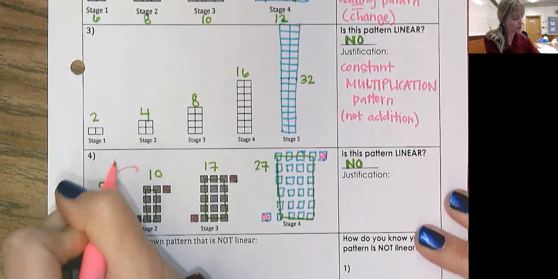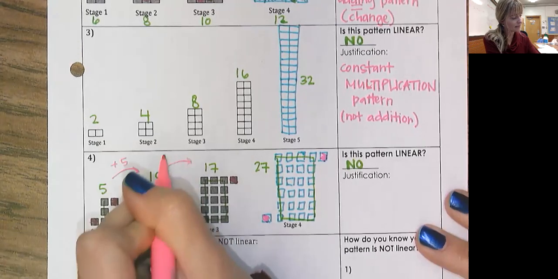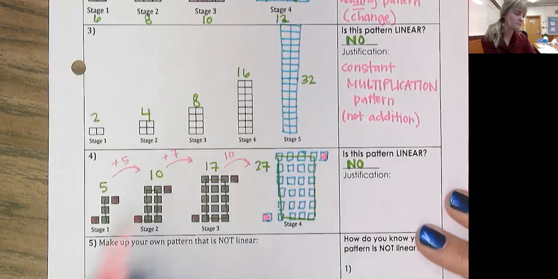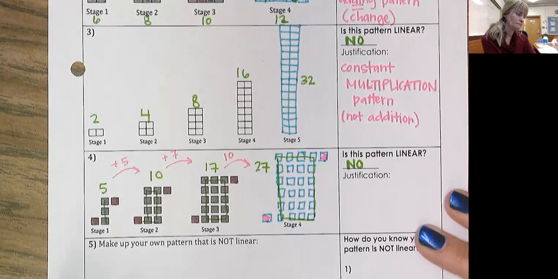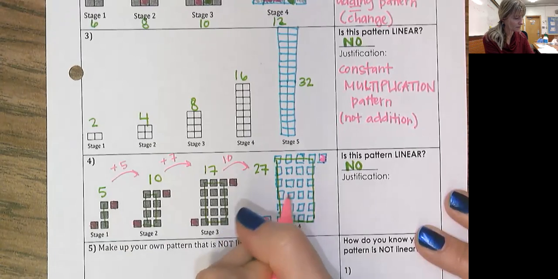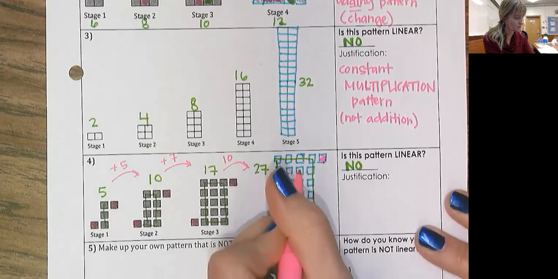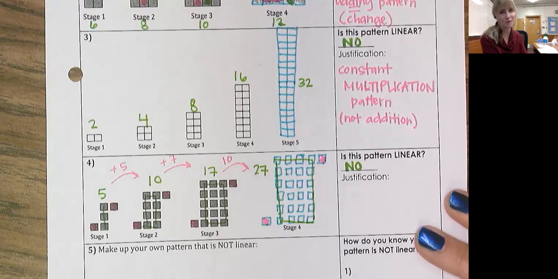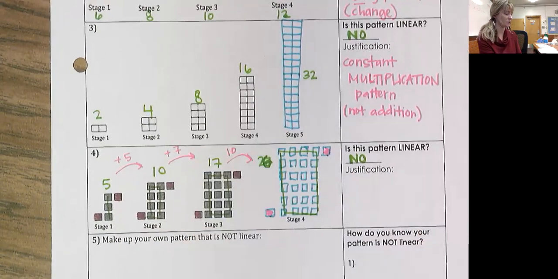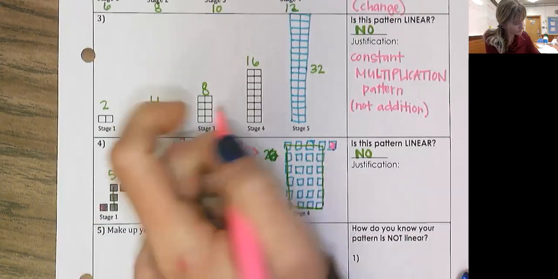This one adds 5. This one adds 7. And this one adds 10. That's not working out. 24 plus 2 is 26. How could you guys even let me do that? That actually adds 9.